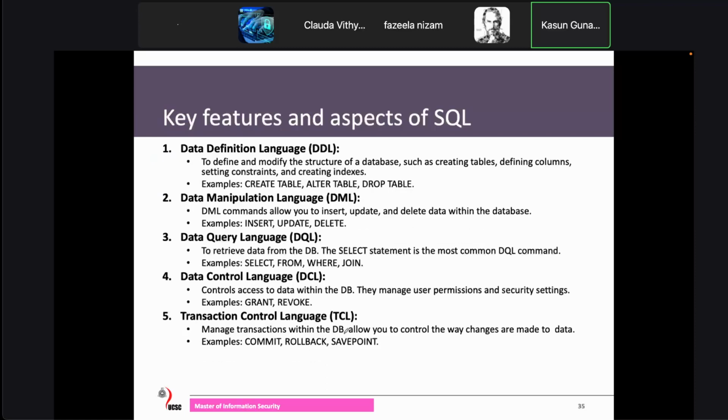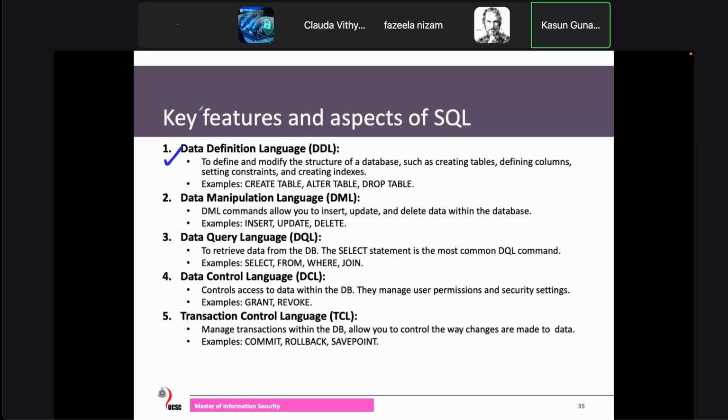So data definition language basically defines and modifies the structure of the database. So you are creating the structure, or you are defining the overall organization of the database. Let's say you are creating a new table in the database. So you have to define it. So data definition language helps to define these things, defining columns, defining constraints.